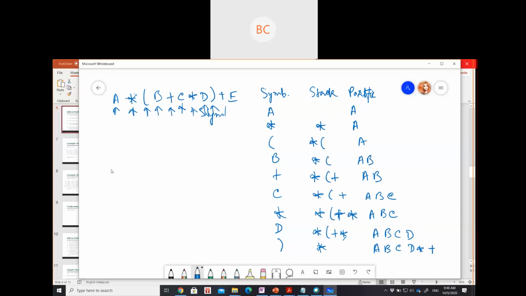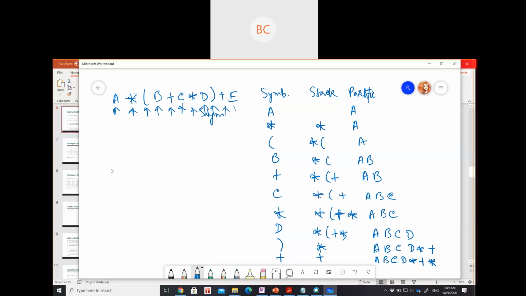The next symbol, you have a plus symbol. Now you see what is inside your stack. Inside the stack, you have a multiplication symbol which has a higher precedence. Therefore, you will simply pop out this multiplication into the postfix and put the plus symbol here. Okay.